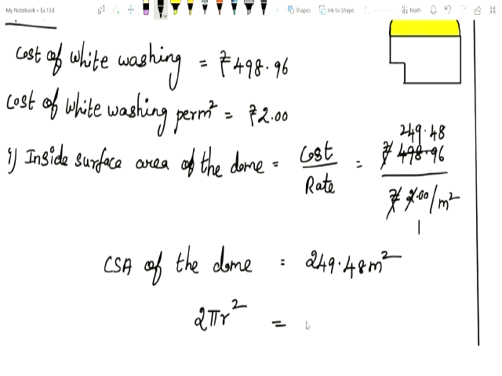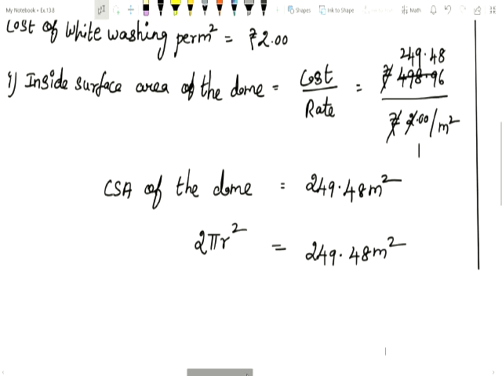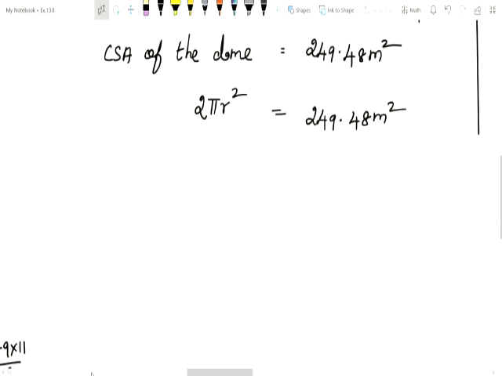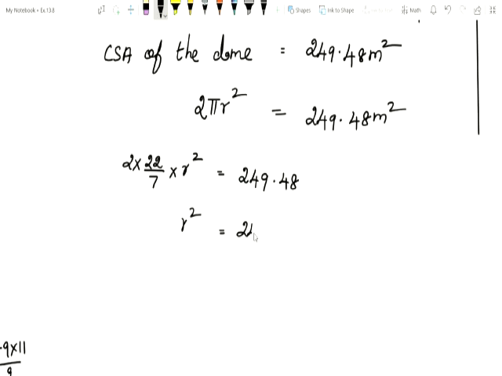2 pi r square equal to 249.48 meter square. Now 2 into 22 by 7 into r square equal to 249.48. So just you keep r square alone here, 249.48, the multiplication will change to division on the other side.